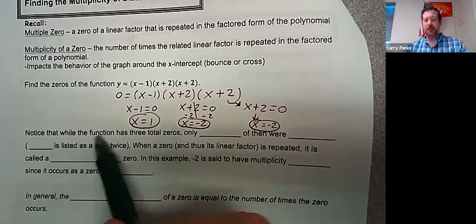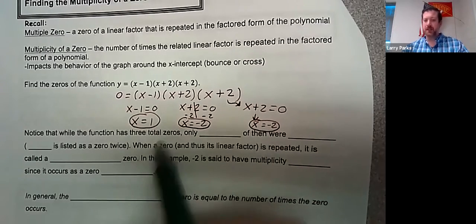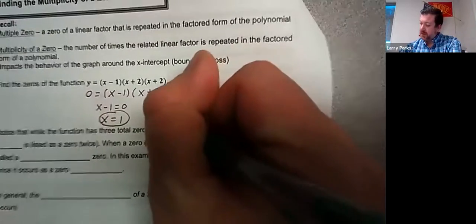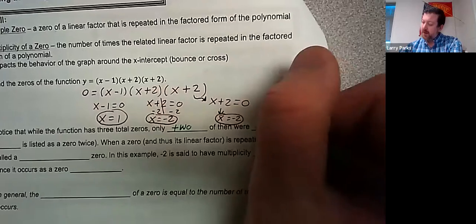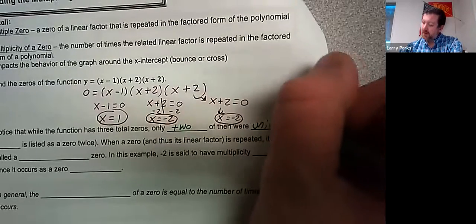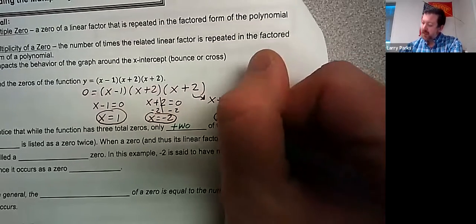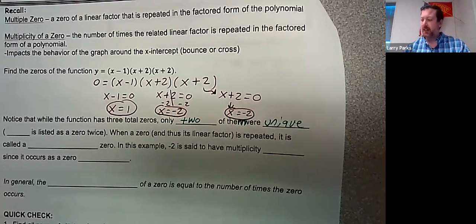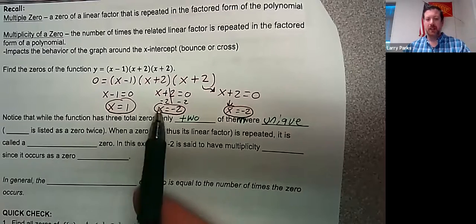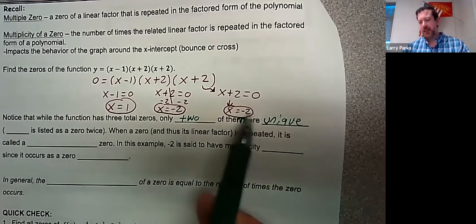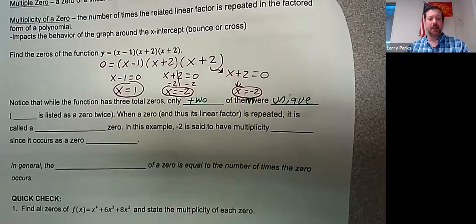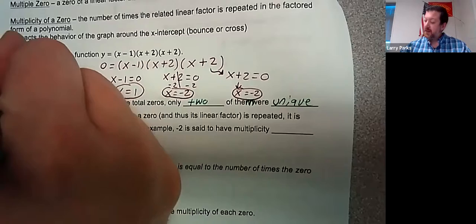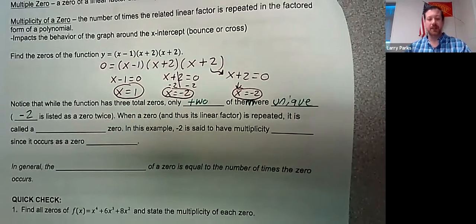So notice that while the function has 3 total solutions, only 2 of them were unique. We have 1, we have negative 2, but negative 2 actually occurred twice. Okay, so negative 2 is listed as a 0 twice.